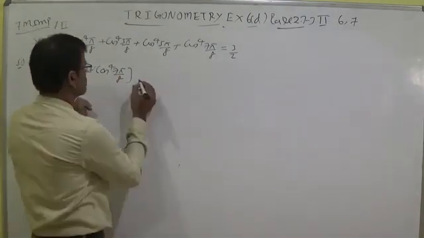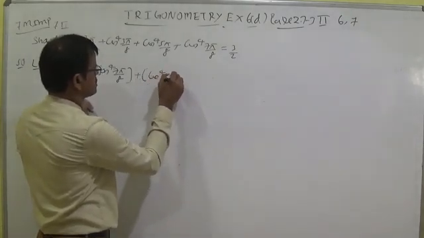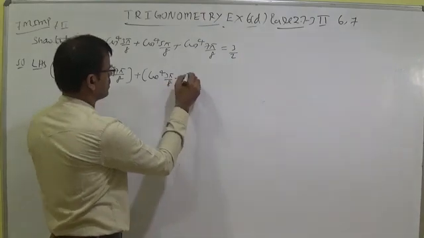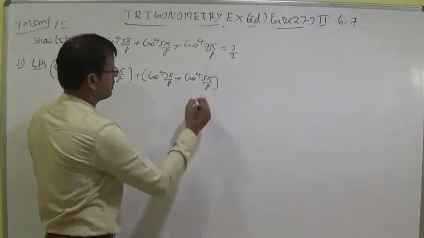It is one concept. And take this in a bracket separately, this is cos power 4 3 pi by 8 plus cos power 4 5 pi by 8.